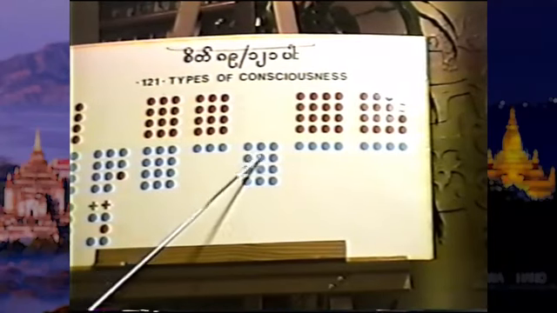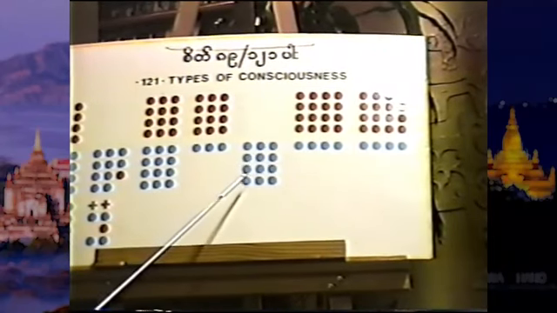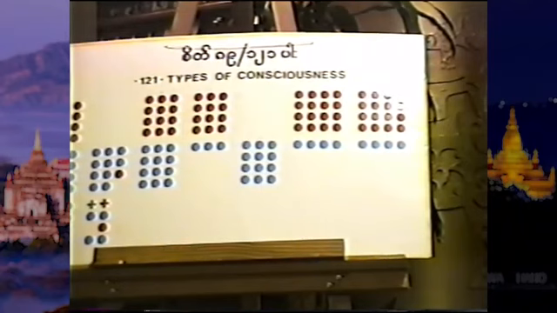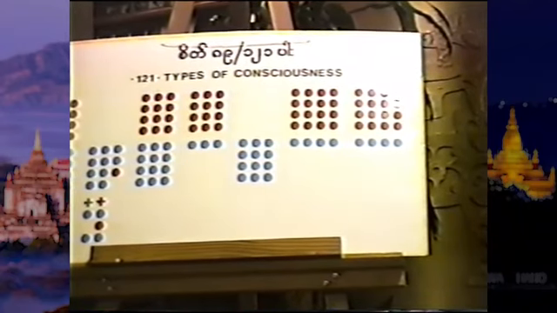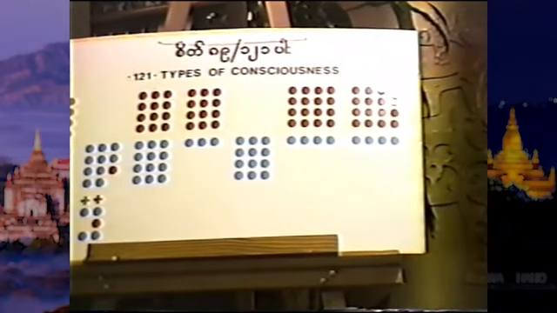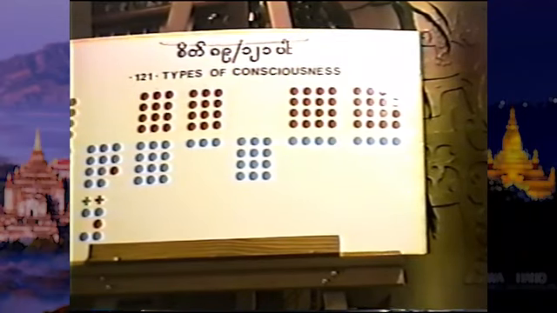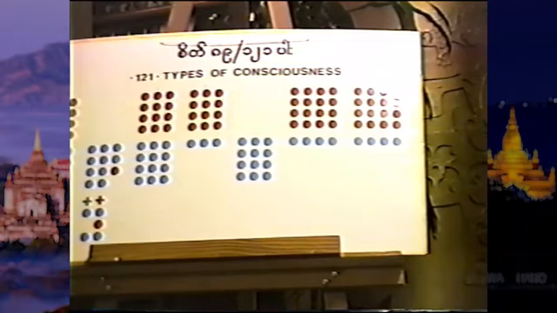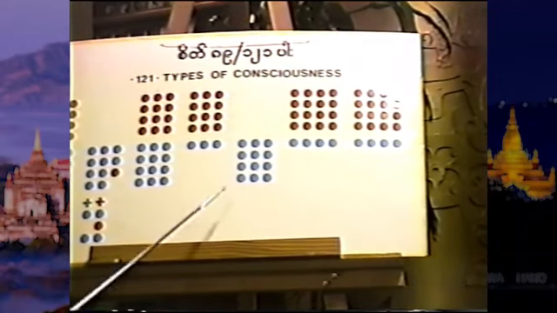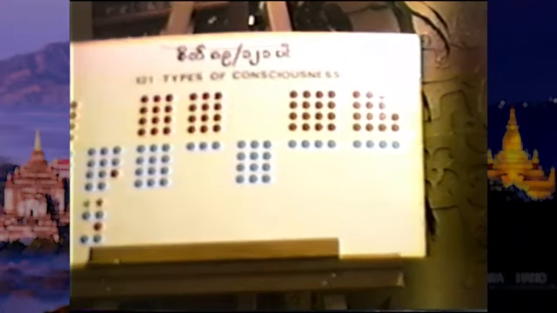Two from Kusala, two from Vipaka, and two from Kiriya, right? So the Pali name of the second Cheta, in English? Vijnananchayatana. Let's say infinite consciousness, right? And the fourth, neither perception nor non-perception.